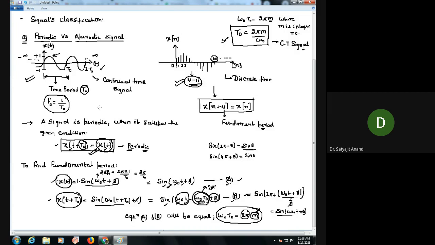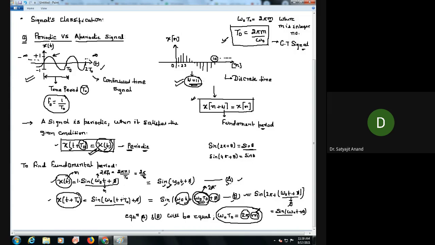Now, in the same way, to find the fundamental period for the case of a discrete time signal, how do you proceed? In place of t, what will you assume? Small n. Wherever you have t, you consider small n, and the rest of the parameters remain the same.